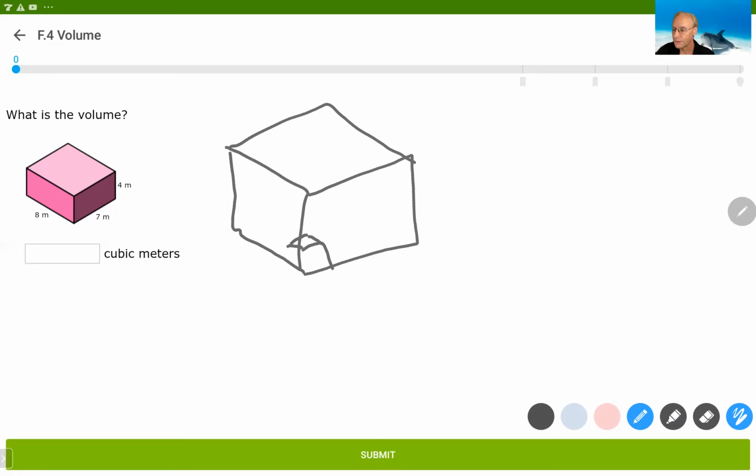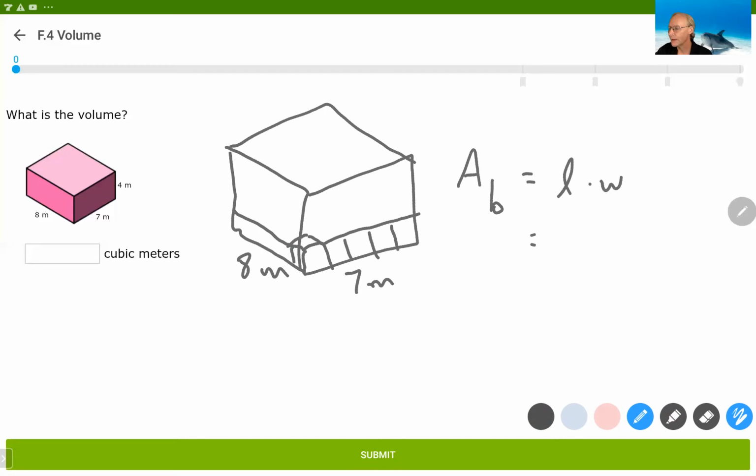And what we're going to do is fill up this base with boxes. We know that it is 7 meters across, and in this direction, we've got 8 meters. The area of the base, the way we usually write it, is length times width, or 8 times 7 in this case, which is 56 square meters.